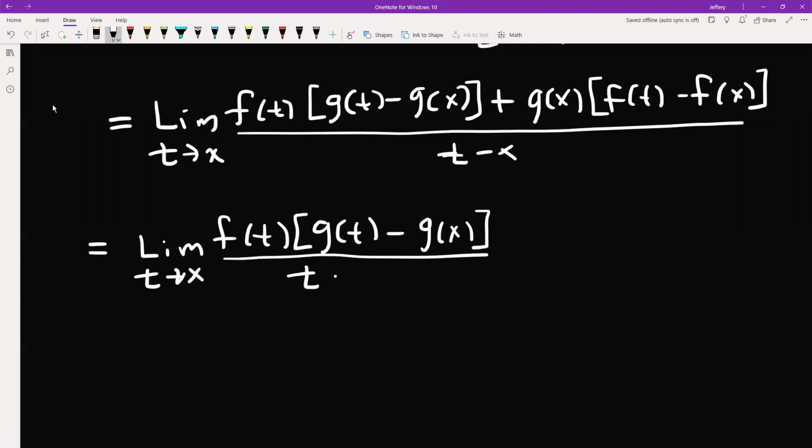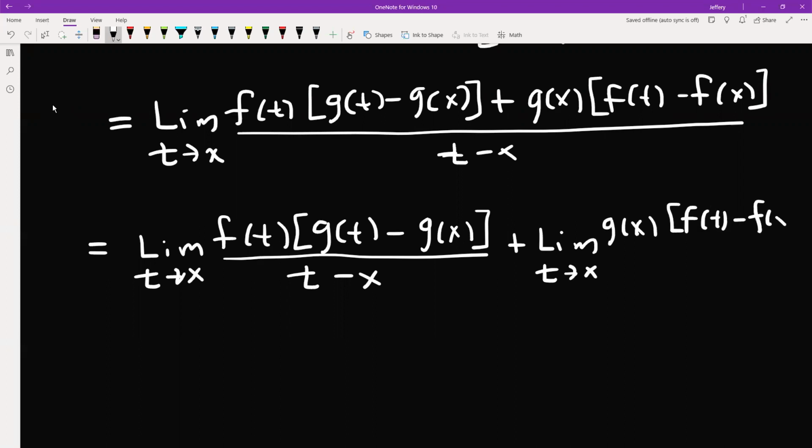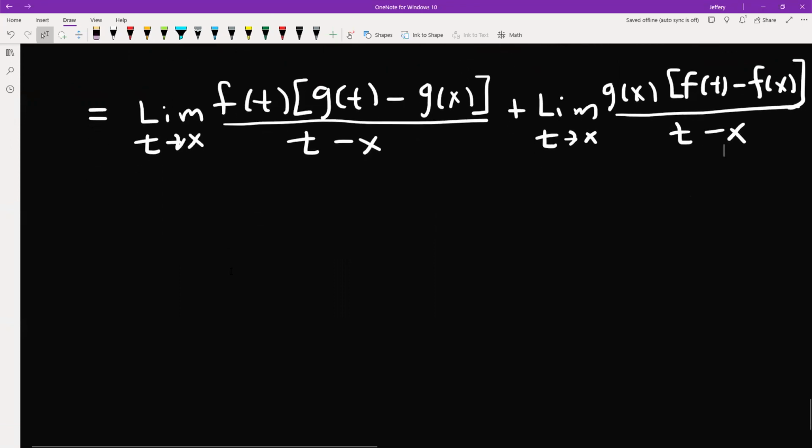Okay, and then I'm going to add that to the limit as t goes to x of g of x times f of t minus f of x, all divided by t minus x. So now I've got 2 limits. Remember, this is one of the properties of limits: the sum of the limits is the limit of the sums.